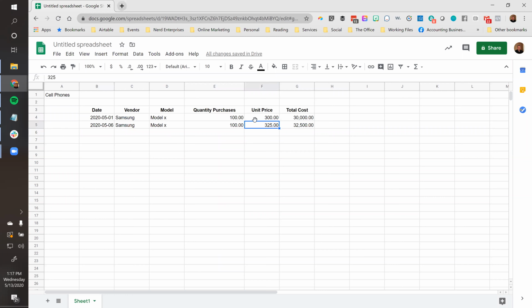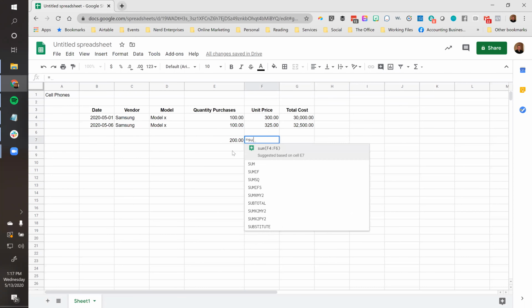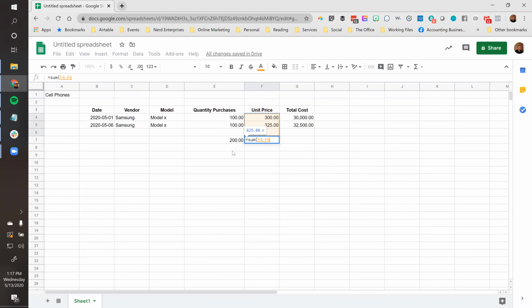Now, if I was using QuickBooks Desktop, cost per unit-wise, it would say, okay, so I have 200 total units on hand, and we would take, let's just sum that up for a minute. So we have a total cost of 625, divided by the total units.